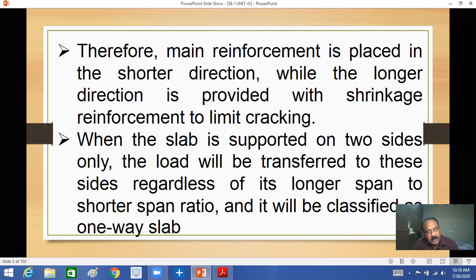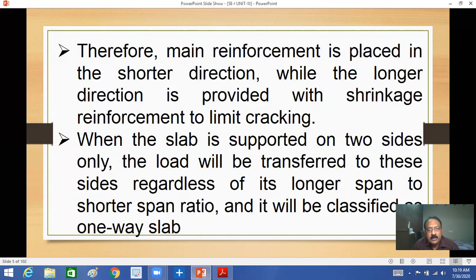The longitudinal reinforcement is enough to take care of the loads and bending moment, but we provide transverse reinforcement to avoid shrinkage cracks and thermal cracks. That's why we provide nominal reinforcement in the longer direction.